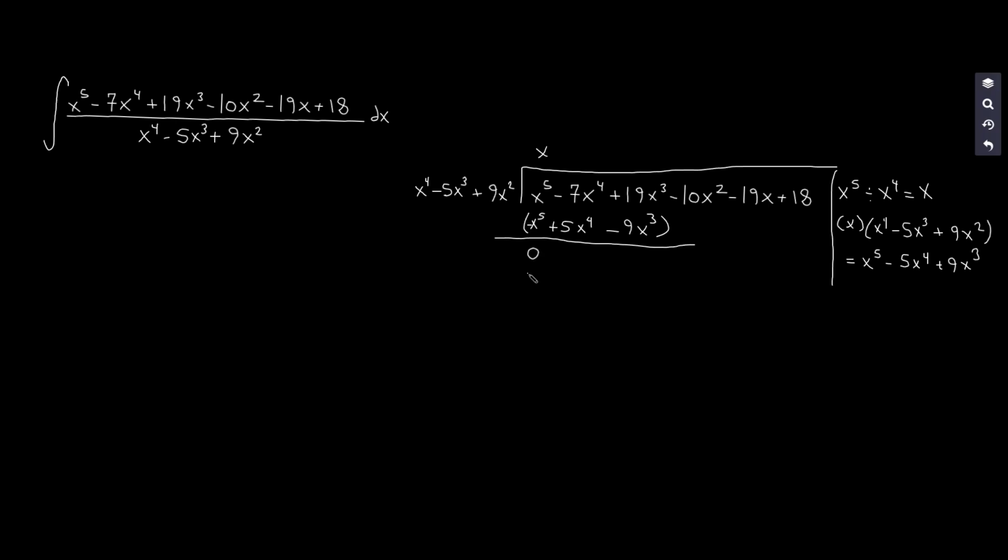So that'll be 0 plus 2x raised to the fourth, negative 2x raised to the fourth, plus 10x raised to the third, then what?